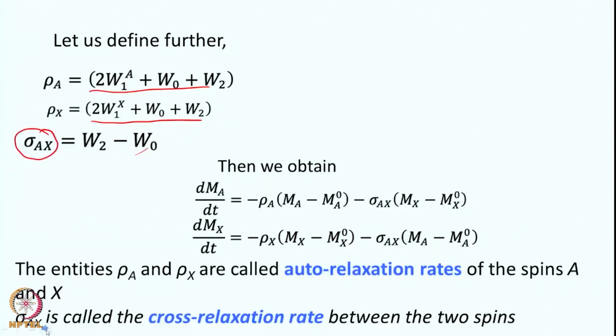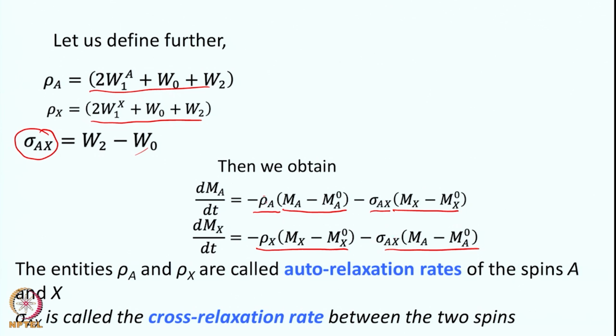So, that is what we have written here: rho A times the deviation of the magnetization of A from its equilibrium magnetization, minus sigma AX into this. Similarly, the rate of change of magnetization of X spin can be written like this. Here we have two terms, rho A and sigma AX, here rho X and sigma AX.